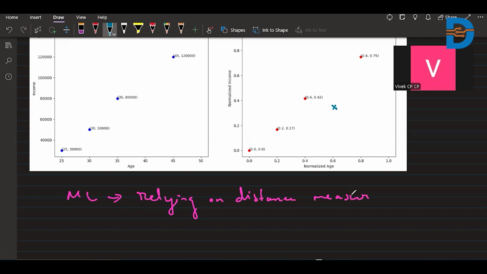An example is obviously KNN. And then you have support vector machines as well. Even your linear regression and logistic regression, although they do not directly rely on distance measure, if you know about the concept of gradient descent, there is a concept where your algorithm is trying to arrive at the global minimum.